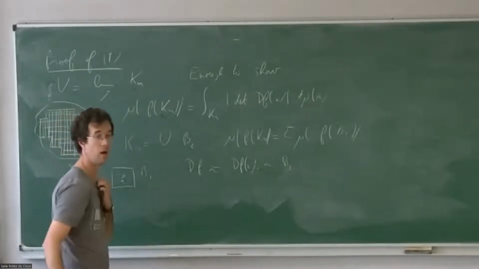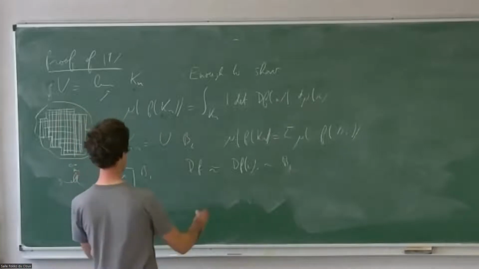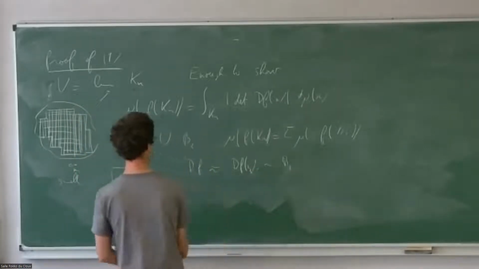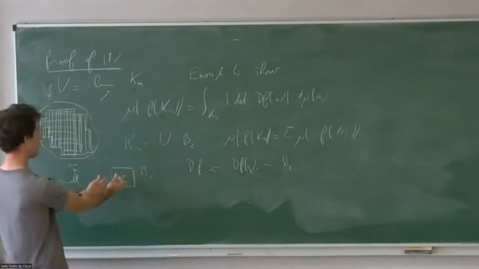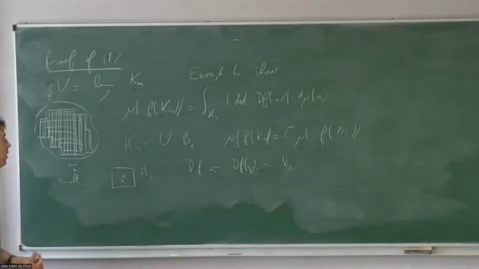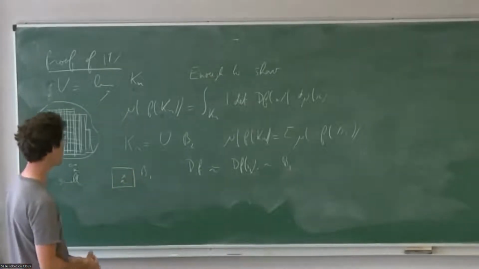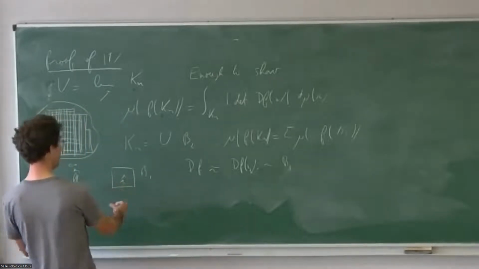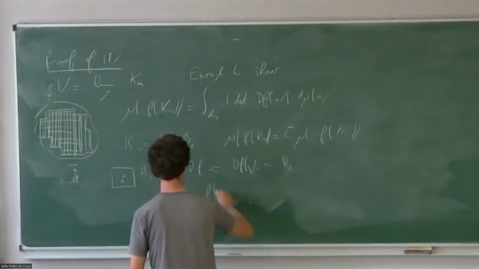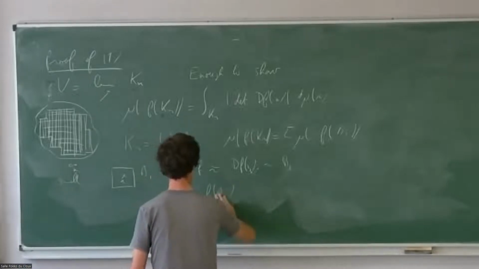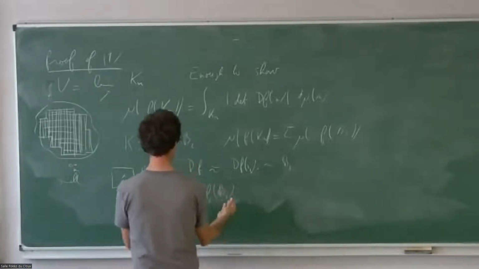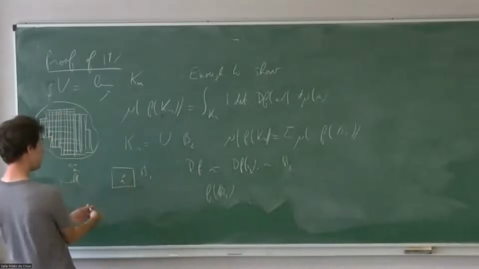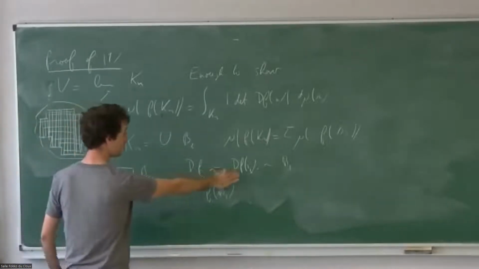You mean to write df of x_i on the right side? Yes. df is essentially constant on a small square because it's a Lipschitz function. And what does that mean? It means that f of B_i will be essentially just like the image of B_i under the differential here.